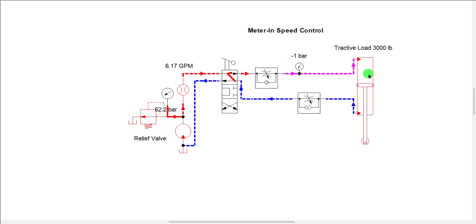Secondly, the piston undergoes a force imbalance on either side. So it feels a pull above it and a push due to the gravity. So there's a force imbalance which can actually seize the piston in place, or it can even break the system altogether. So this is what happens in a meter in connection when you are trying to descend a heavy load.